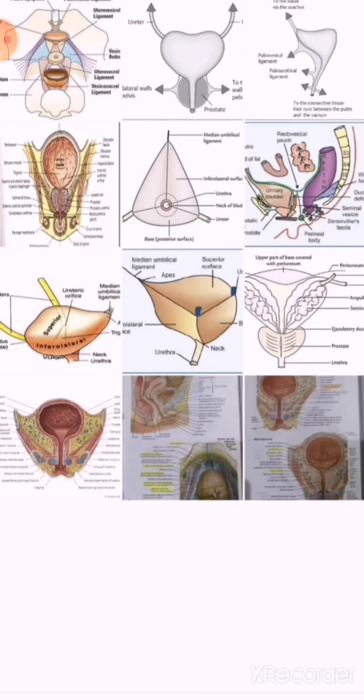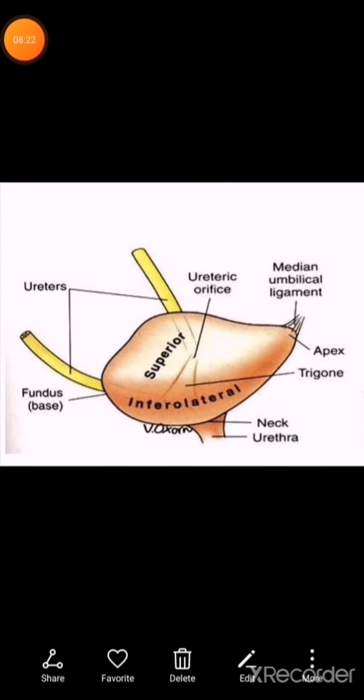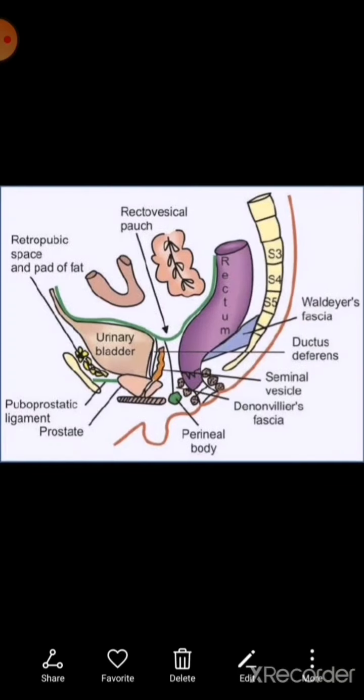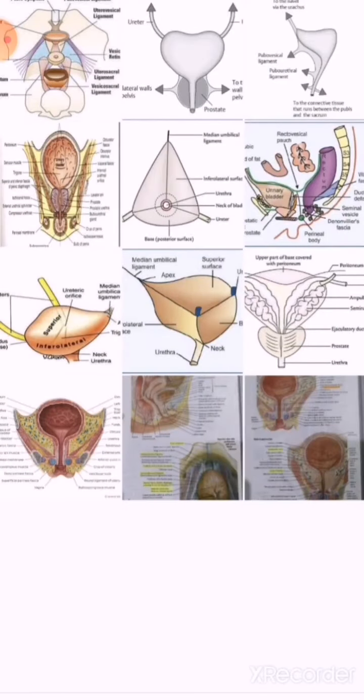Now let's talk about the neck. Let's reiterate a couple of facts. The neck is the lowest as well as the most fixed part of the bladder. Now, what is its location? It is located 3 to 4 centimeters behind the lower part of the pubic symphysis. And in this image over here, we can see the general location of the pubic symphysis.